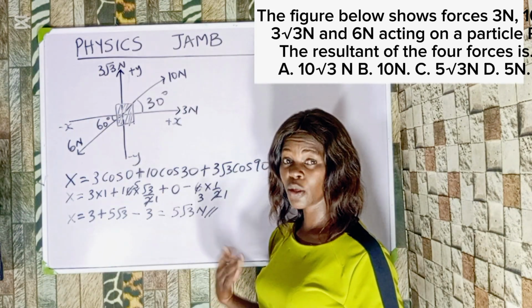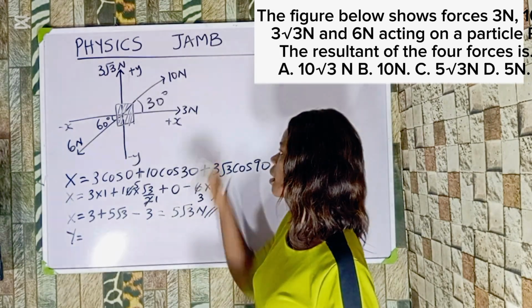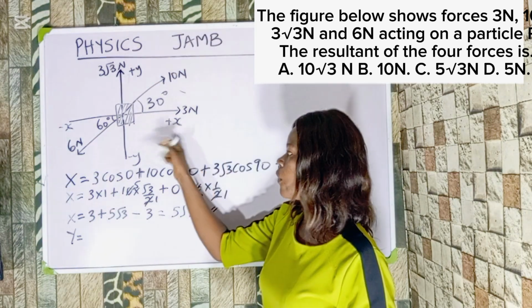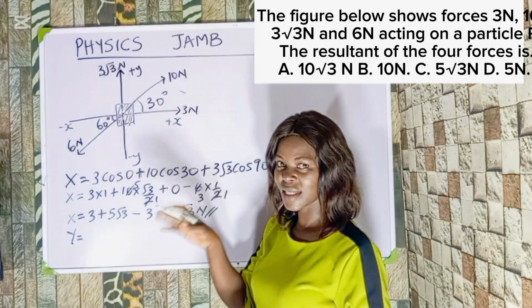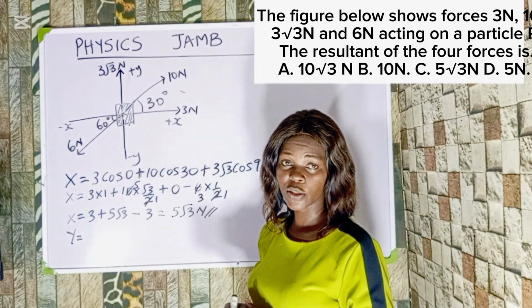Do you get it? So let me look for the vertical component y. Going to the vertical component, all the vectors that are on the positive side are all positive. This one is the only one that is what? Negative. Still starting from this, and remember that vertical goes with sine.